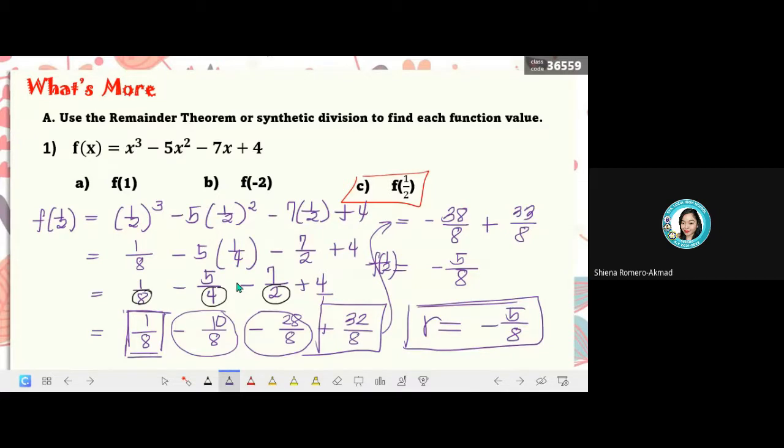Ilagay nyo po sa info messages. So, I will wait. Dapat, i-type nyo muna yon bago kayo umalis. So, ano ba yon? Blank division, blank division, blank theorem. So, 3 yon na inaral nyo ngayong araw. Okay, I will wait.